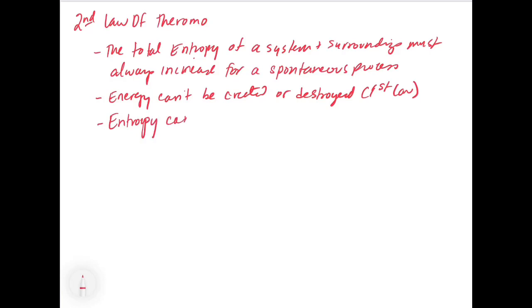So entropy can be created, meaning we can make something more disordered. Or another way of thinking about this is, it is produced by a reaction. But it can't be destroyed.